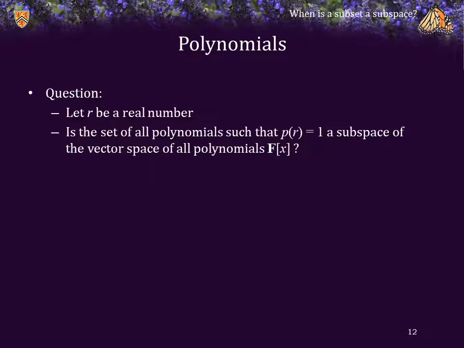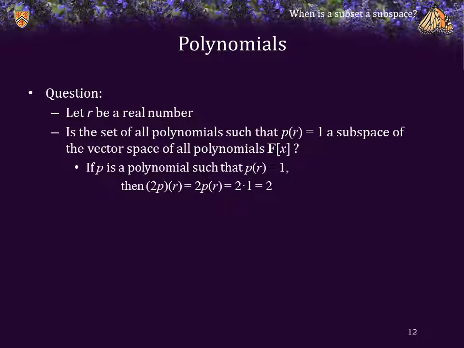Here's a similar but subtly different question. Let R be a real number. Is the set of all polynomials such that P at R is equal to 1 a subspace of the vector space of all polynomials in X with coefficients in the field capital F? Well, if P is any such polynomial, then P at R is equal to 1.